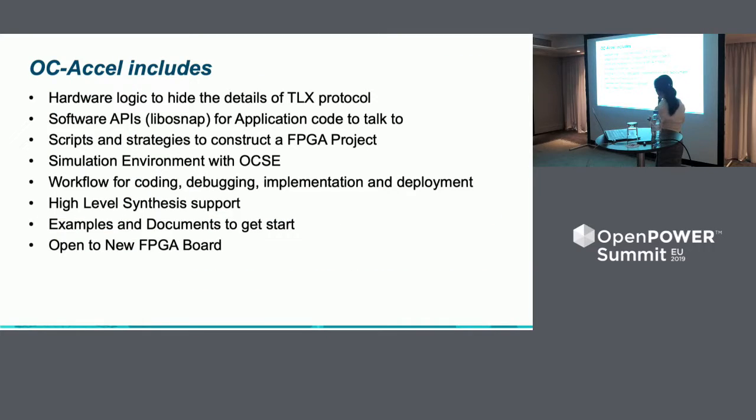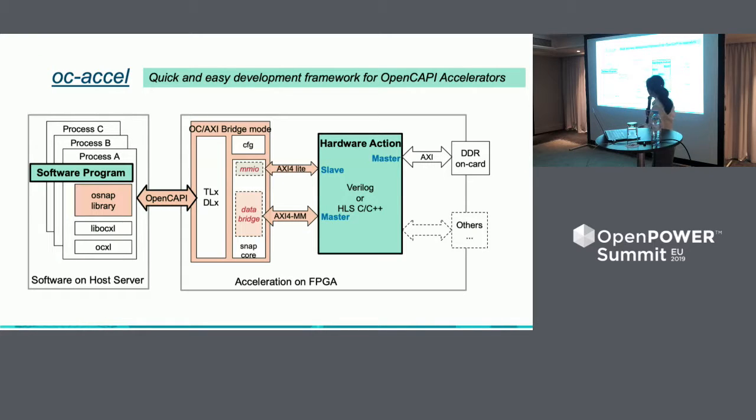So this is the overall picture of OC-Accel. You will see this is the hardware side and the software side. For the software side, we have the kernel module called OC-Accel, which is already included in all kinds of Linux distributions, and a user-level libocaccel, and then the OSNAP library.